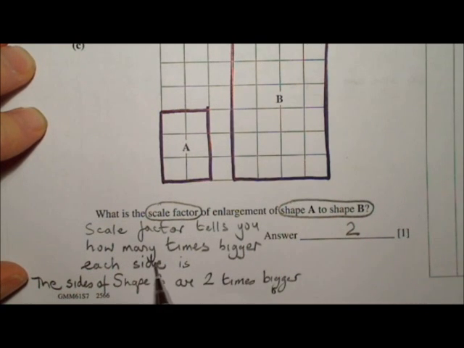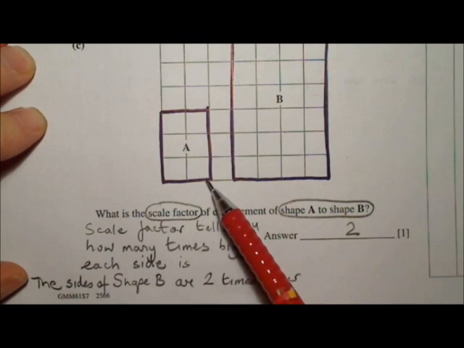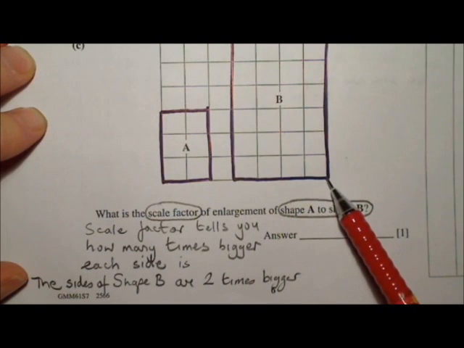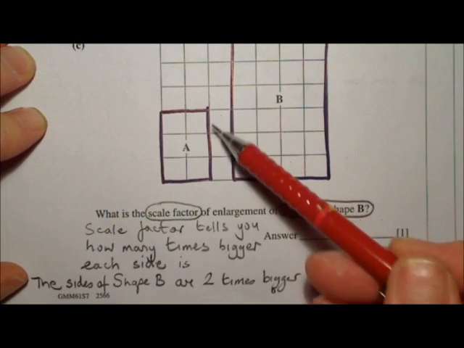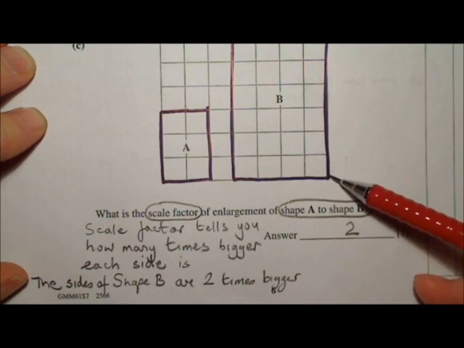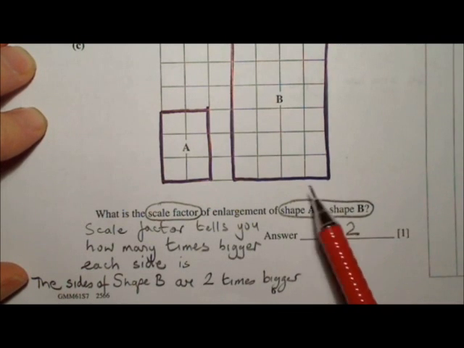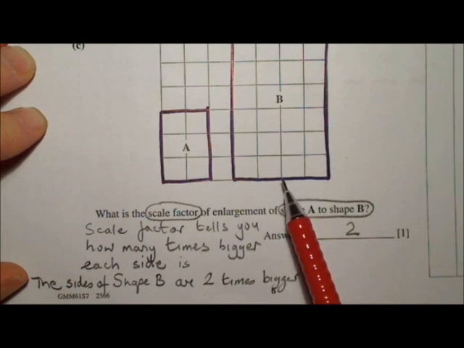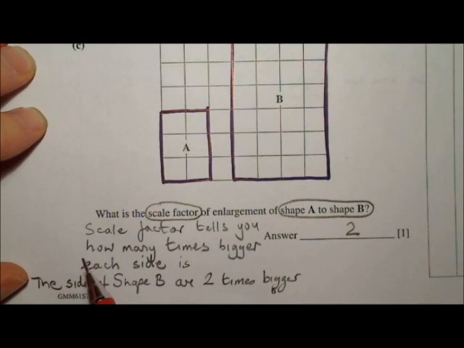So we're looking to see how many times bigger this side is compared to this side, or this side compared to this side. Hopefully you can see that each of the sides on shape B is 2 times bigger than the corresponding side on shape A. So the scale factor is 2.